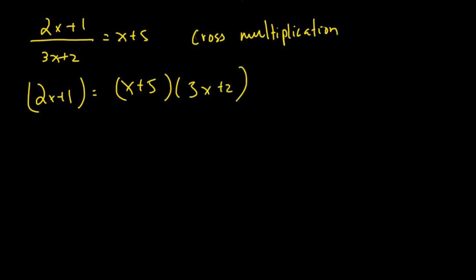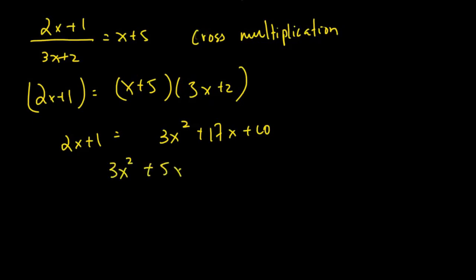We obviously will end up with a quadratic, so that would be 3x squared plus 17x plus 10, and then after rearranging it, we have 3x squared plus 5x plus 9 equals 0. So that would be 15.